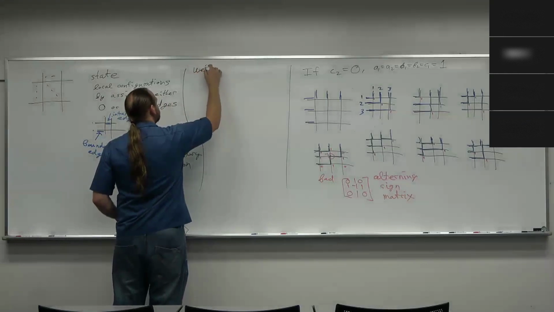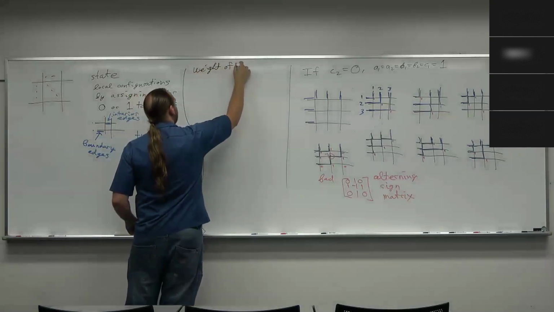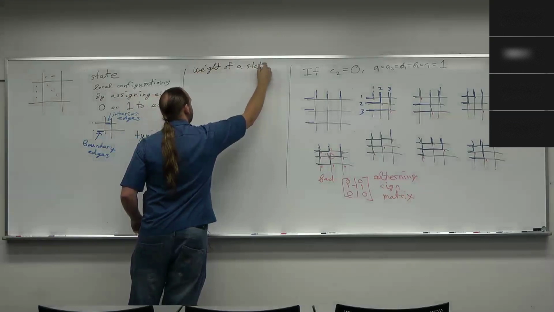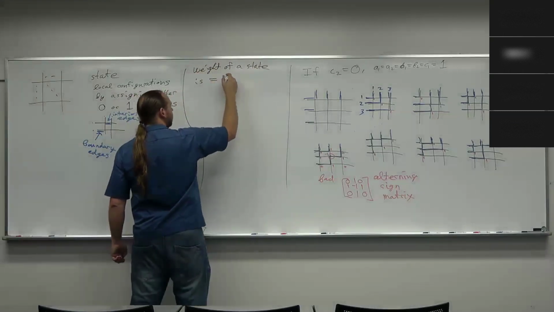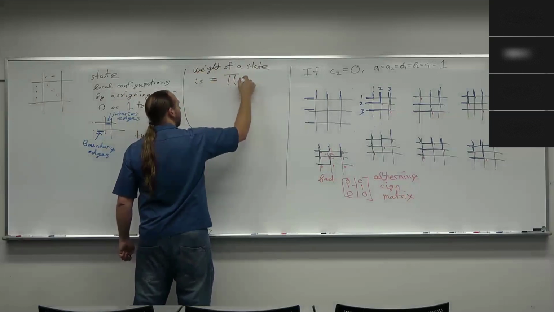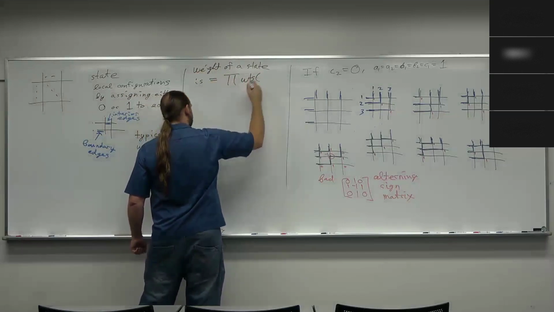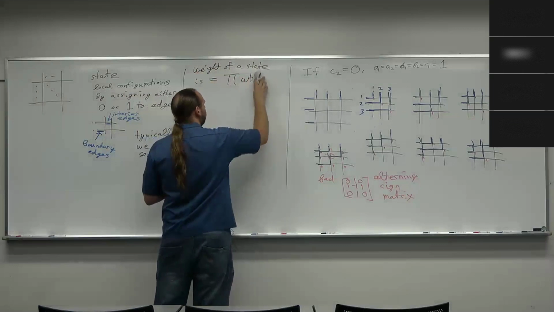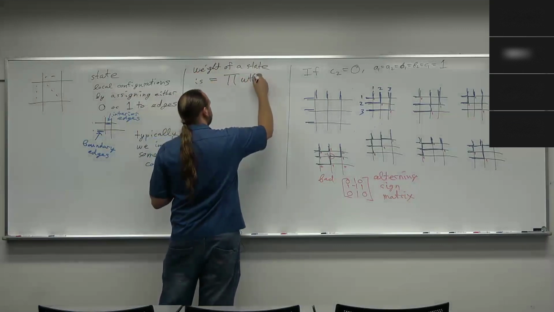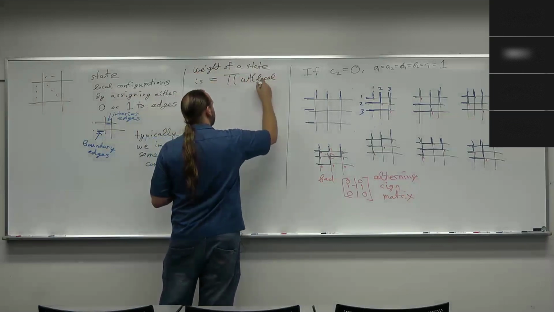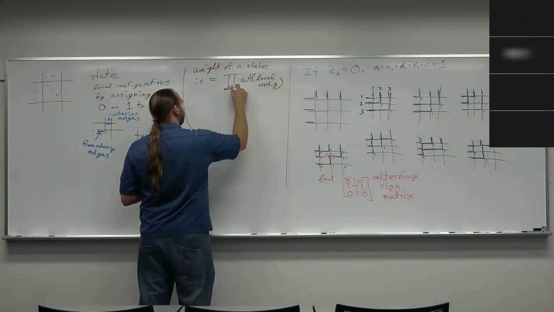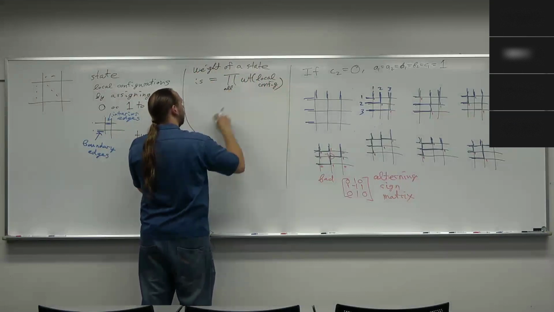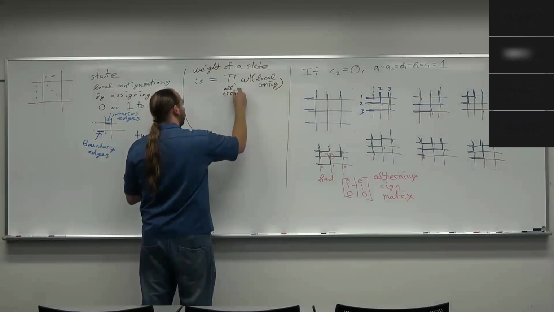And the weight of a state is equal to the product of the weights of each local configuration. And the product is over all crossings.